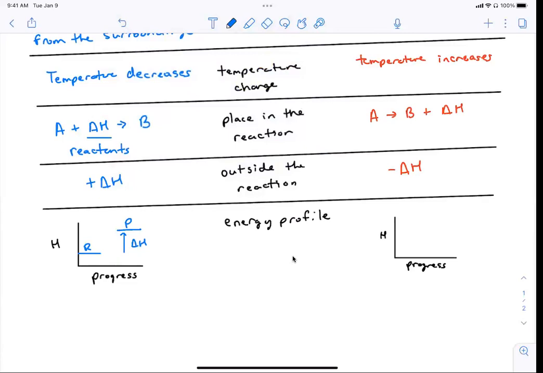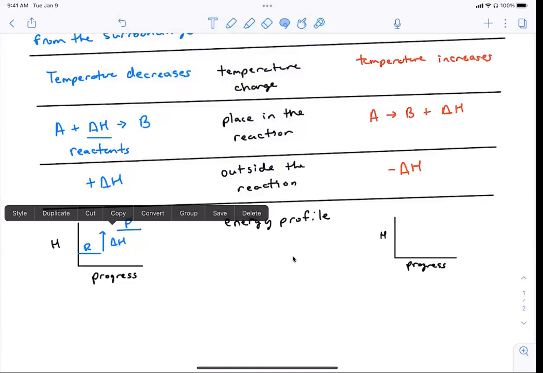Sorry, that arrow is not energy to the products. That's representing the difference between the two values. You're going from reactants up to products. Let me move that. So just to clarify, is that better, Camilla? So I have to add that energy to get to the products.